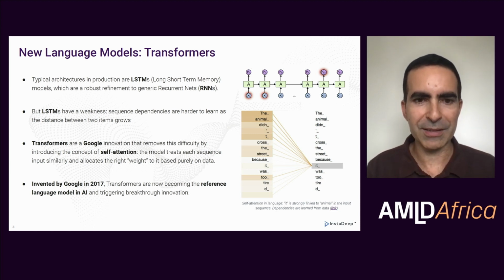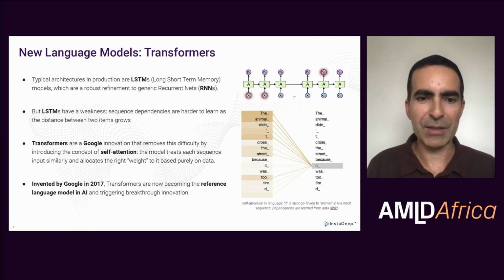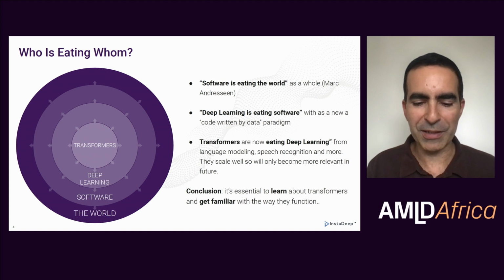So if we look at the sentence you have here, and look at, for example, "it", you want to know what the relationship is between "it" and other elements in the sentence. Well, it's the animal that you want to relate to, and this is exactly what you can learn in a purely data-driven way.